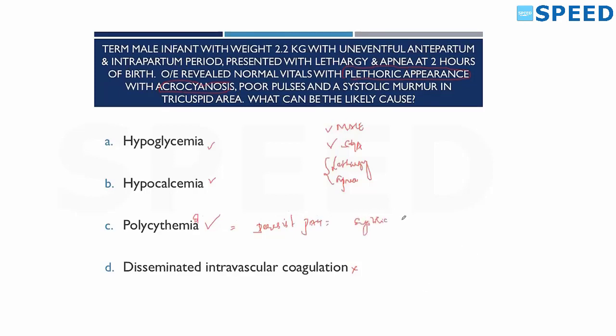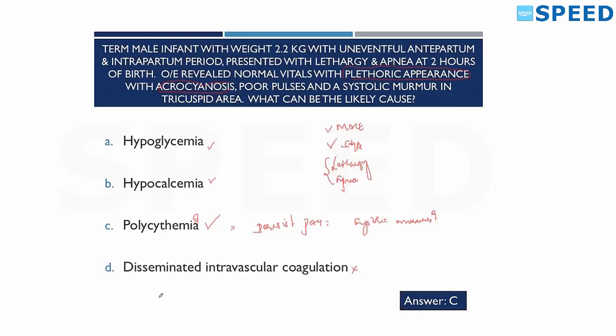So, the presence of polycythemia delays the fall in the PA pressures in the baby, which happens immediately after birth. Then this results in a situation where the patient is having pulmonary hypertension, tricuspid regurgitation, and this tricuspid regurgitation will result in systolic murmur in the tricuspid area. So this is another clue for this baby having polycythemia. Now, this is how the clinical presentation of polycythemia is.